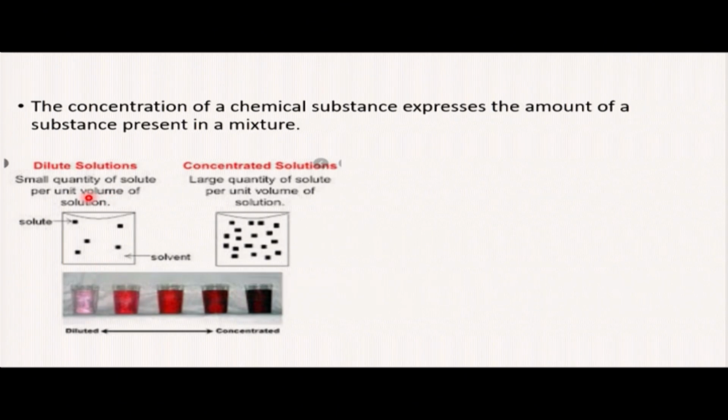That means we are saying a small quantity of the solute per unit volume. So the volume is too high compared to the sugar if you are using water. The sugar you have put there is much smaller compared to the water in there. So we call it a dilute solution.